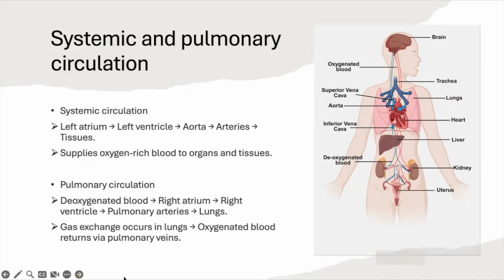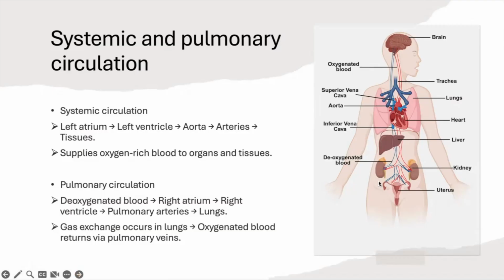As we can see here, the red indicates oxygenated blood. This is the aorta, and there is one artery going to the brain, and several arteries going into different organs and tissues.